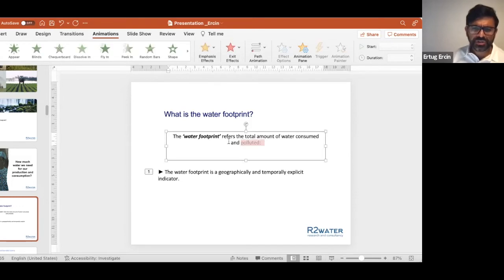Ultimately this pollution dimension also puts the water footprint in as an indicator, which shows your efforts to the outer world, and I think that is quite important for many producers, to communicate your efforts on water sustainability or wastewater reduction to the outer world.